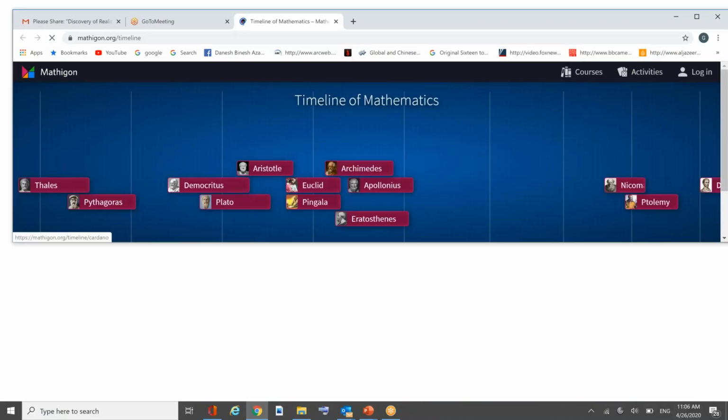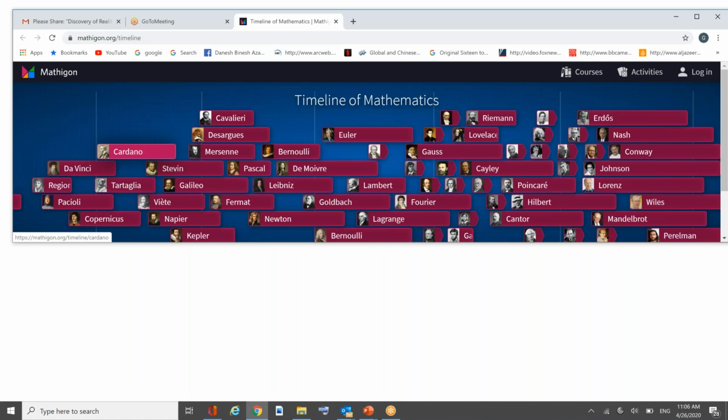So if you go to the timeline of the history of mathematics, we see pictures of different mathematicians and philosophers that created the basis for what we know today.